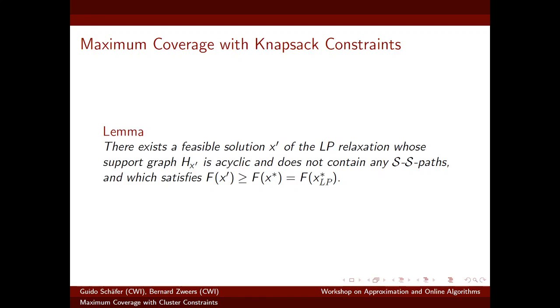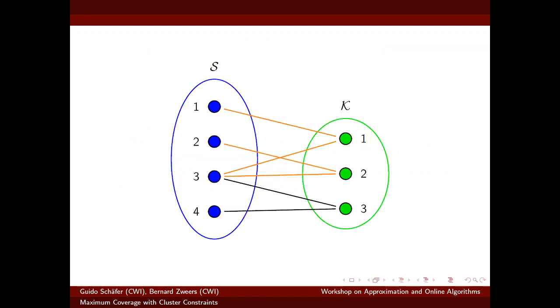Well, what is an SS path? That's a path going from a node in S to another node in S. Now we'll show that we can remove an SS path without decreasing the Pipage Rounding formulation.